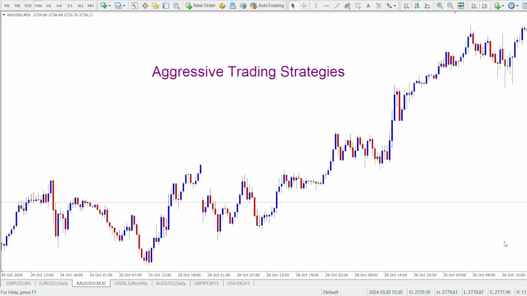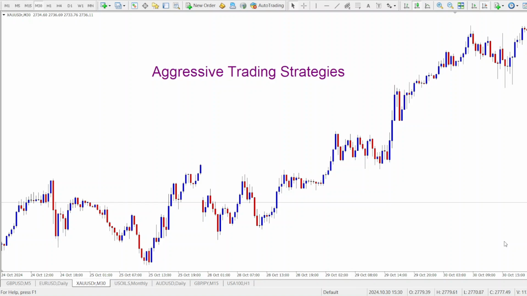First of all, let's explore the fundamentals of aggressive trading. What does it really mean to trade aggressively? It's all about making calculated moves and capitalizing on market volatility. With aggressive trading, understanding key principles like risk management, market analysis, and psychological preparation is essential.